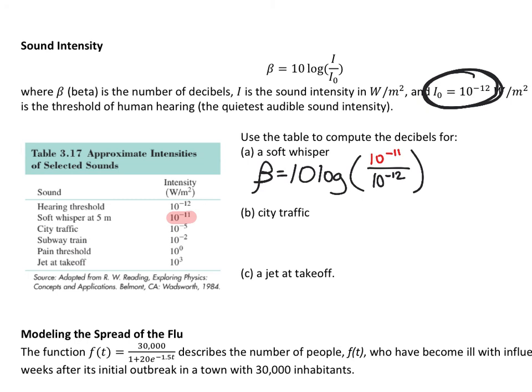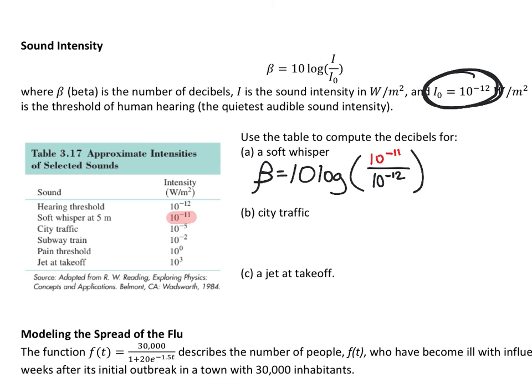Now that is all things I can type in my calculator, which is what we're going to do. Sometimes it's just a plug and chug thing. We want to know 10 times the log of the fraction 10 to the negative 11th divided by 10 to the negative 12th, close parentheses.